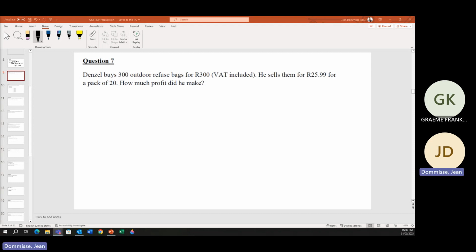Okay, so the next one, we're changing the format a bit. So we're looking at a word sum.